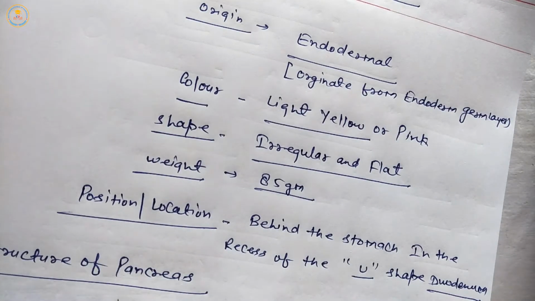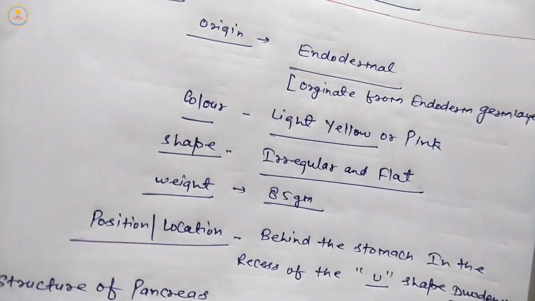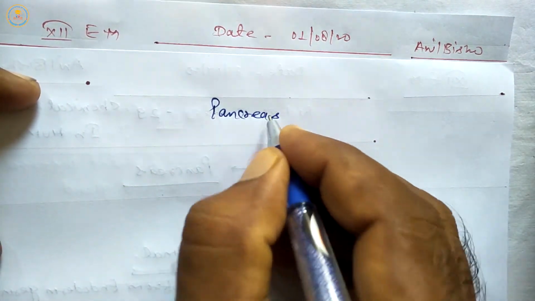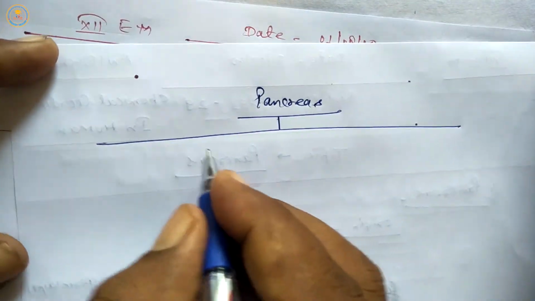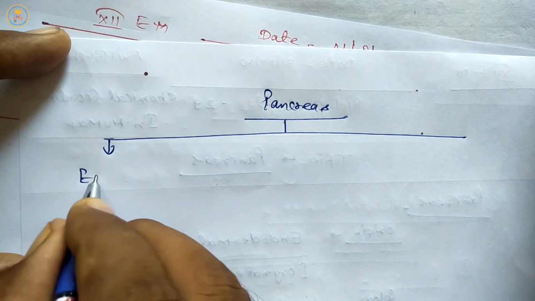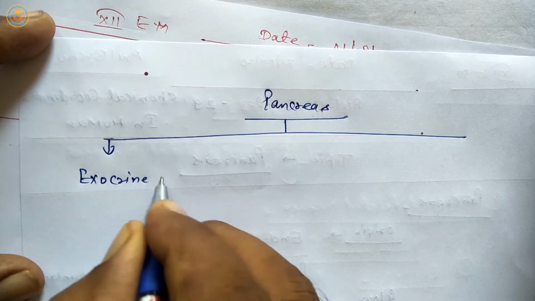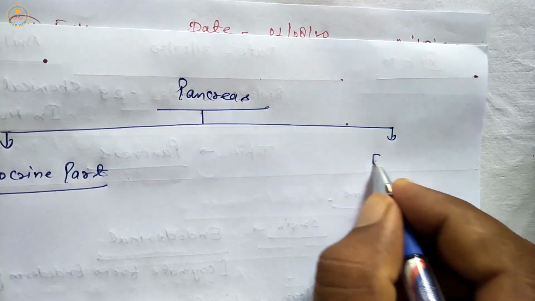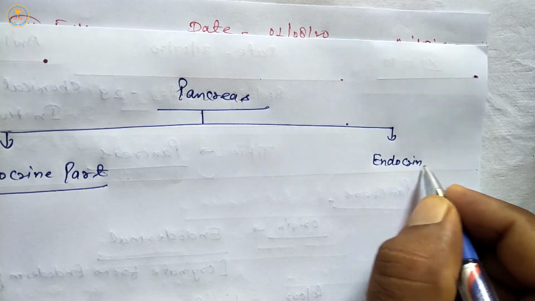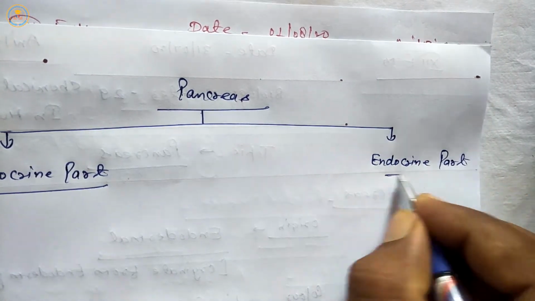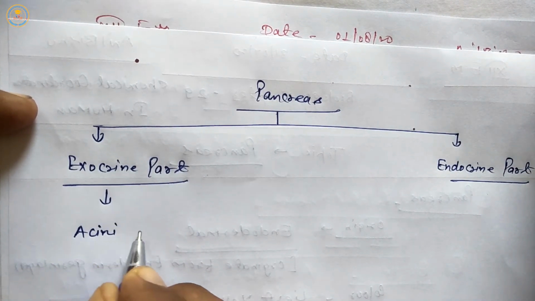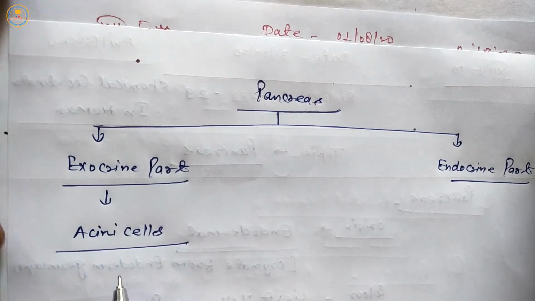So next is the parts of pancreas. Mostly two parts: first is the exocrine part, next is the endocrine part. Exocrine part is acini cells.